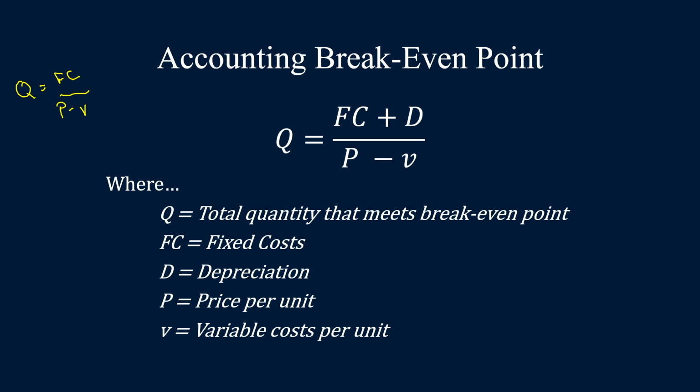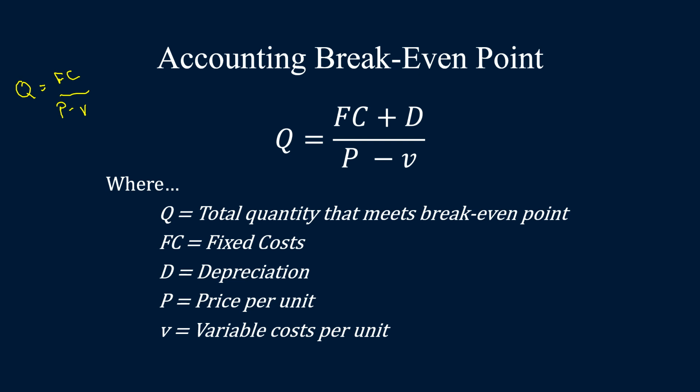Now this is what you would want to use if you're trying to figure out how many items we should produce in order just to break even, not to make a profit, but just to break even.